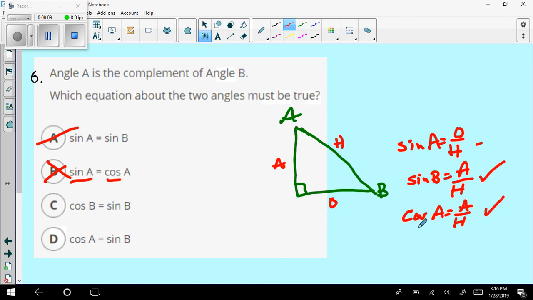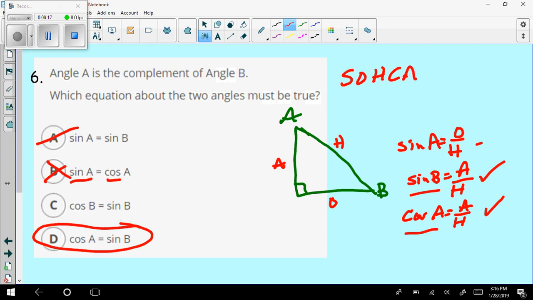The cosine of A and the sine of B are the same. And here they have the cosine of A and the sine of B. Again, we have to remember, basically, if we know the sine of one angle, it's equal to the cosine of its complement. Or vice versa, the cosine of B equals the sine of A.